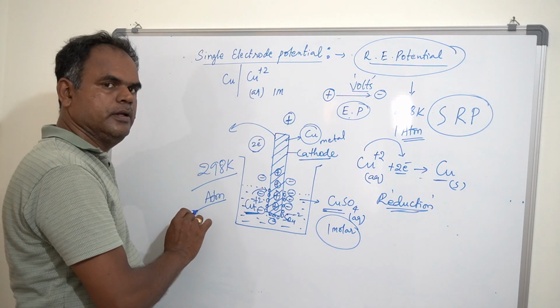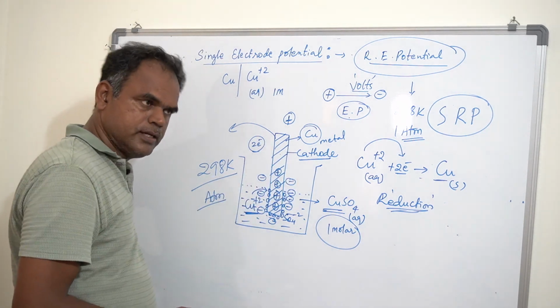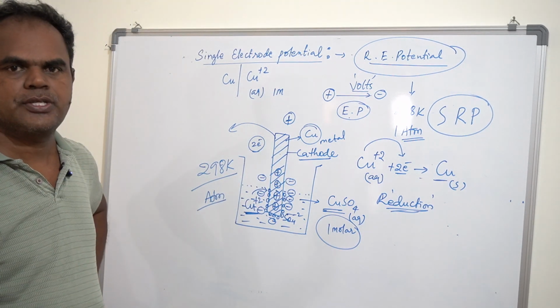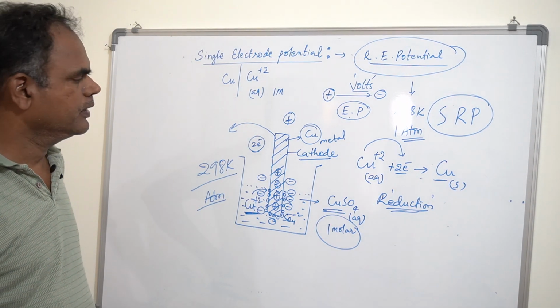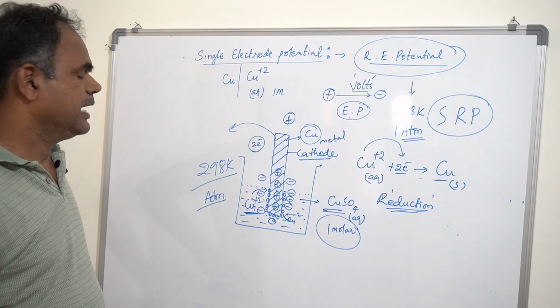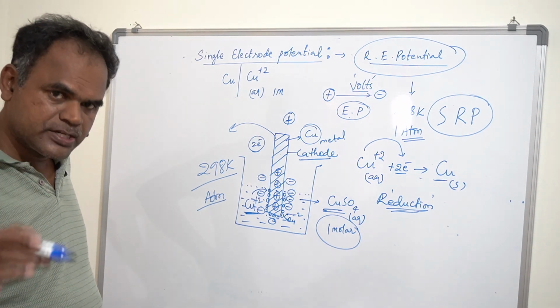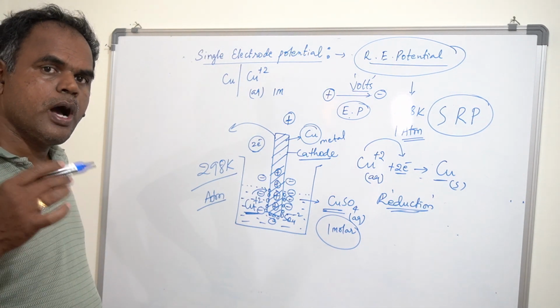The electrode potential generated in this half cell is said to be the standard reduction potential. The standard reduction potential and standard oxidation potential take place in two half cells.